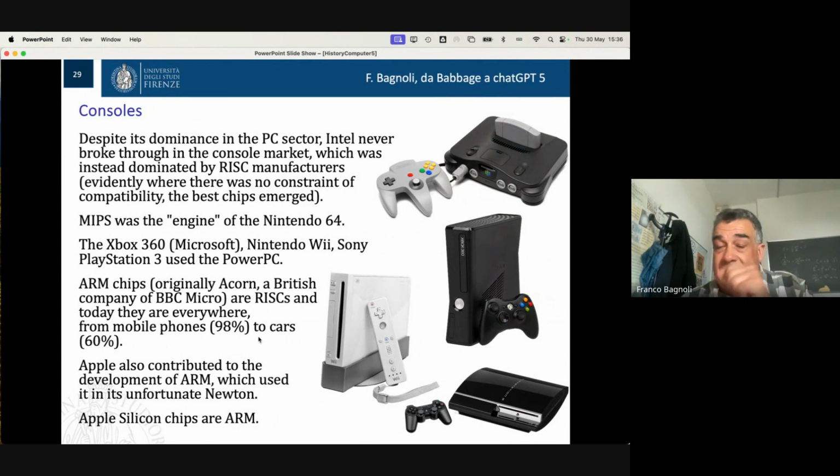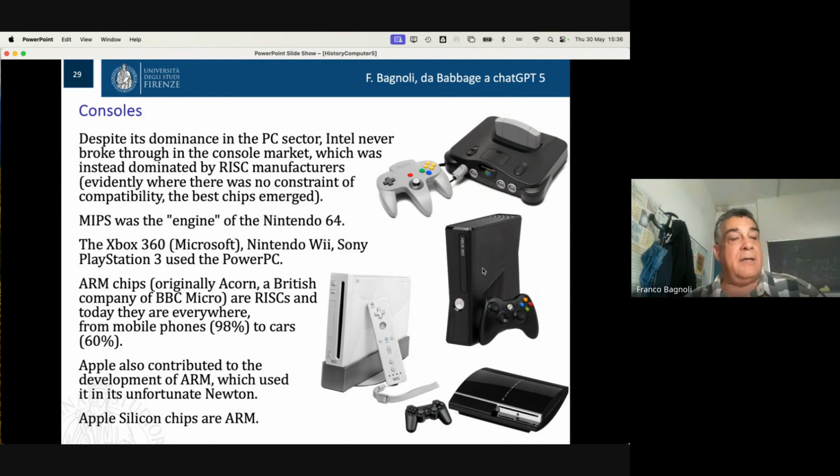So essentially, this was where new ideas about the processor were developed, because the idea was to have things that possibly did not require a fan.